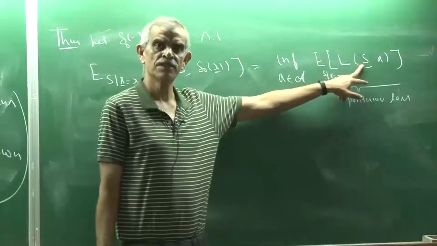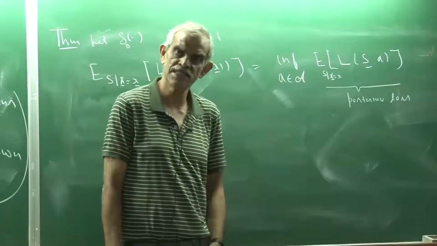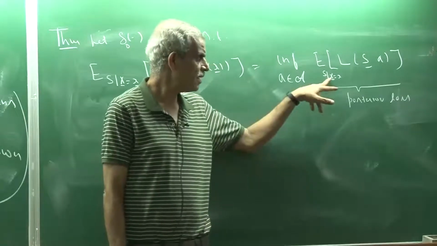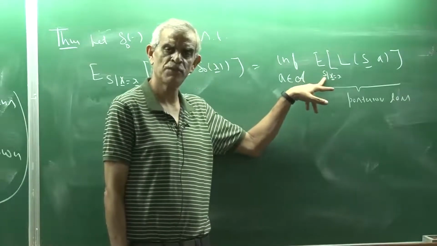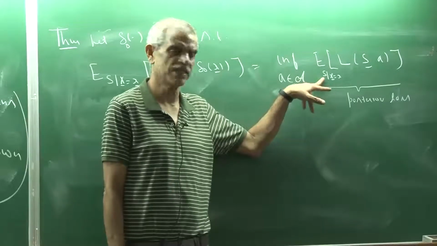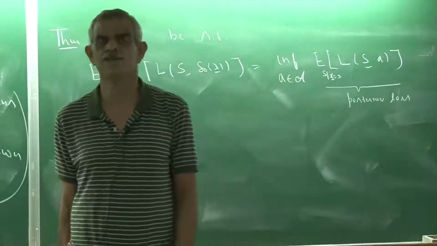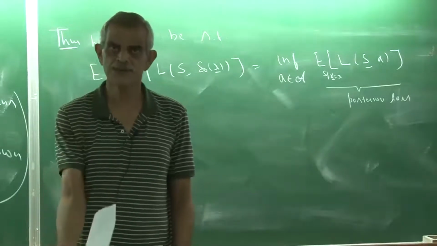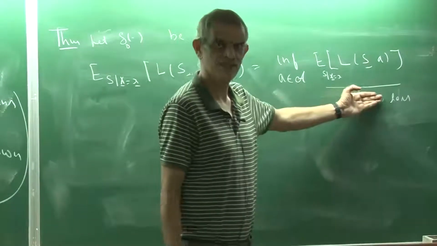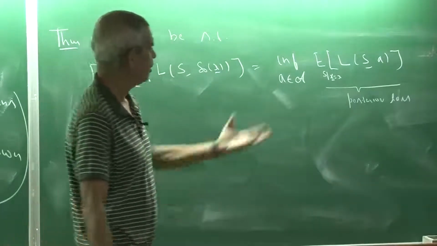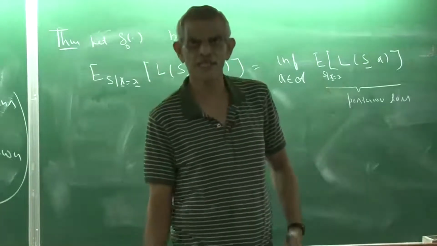Theta was unknown. L of theta, A was the loss when theta is the true state of nature. But theta is unknown, and the information about theta is contained in the posterior distribution, which is the same as the distribution of S given X equal to x. So I look at the average loss with respect to the posterior distribution. That is exactly what I am trying to do. What it says is that the Bayes rule will be the one which minimizes the posterior expected loss.